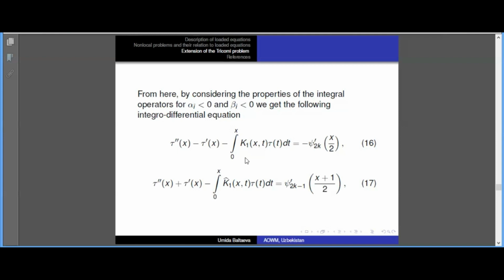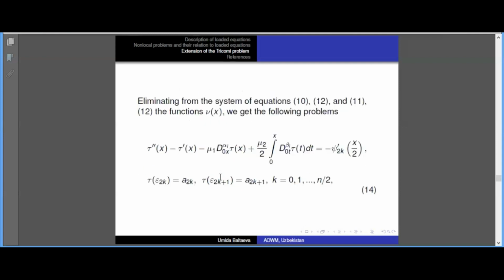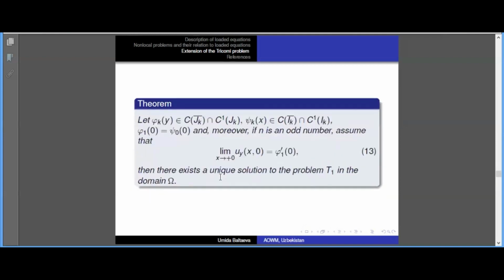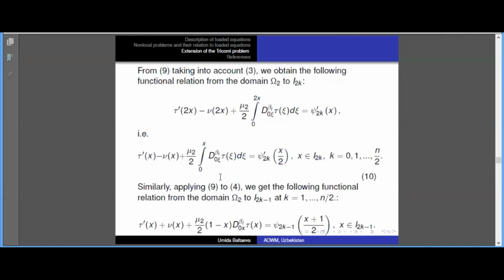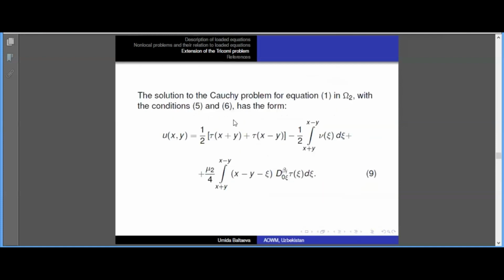If we know tau and nu, we can construct from the hyperbolic part our solution of the Cauchy problem, which is well known.